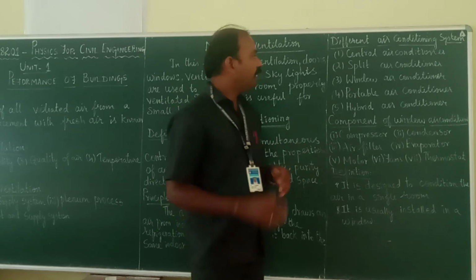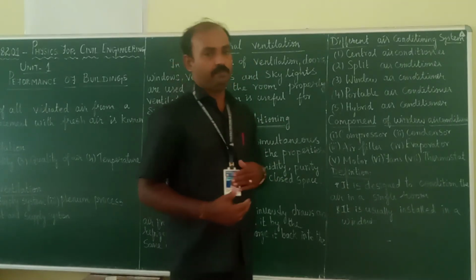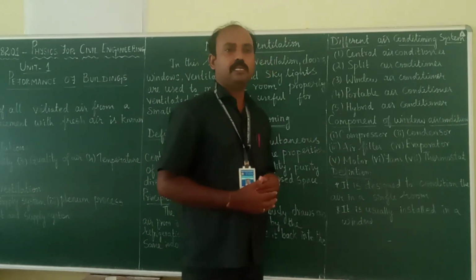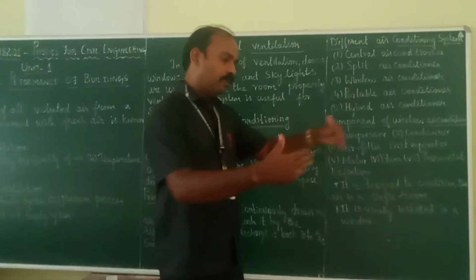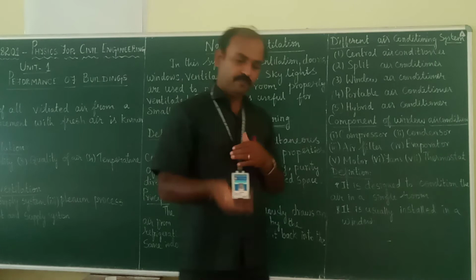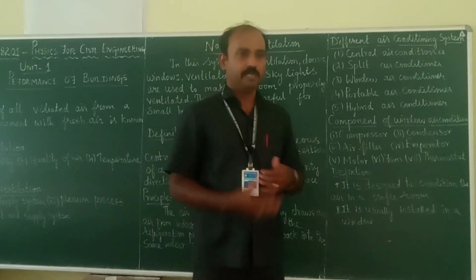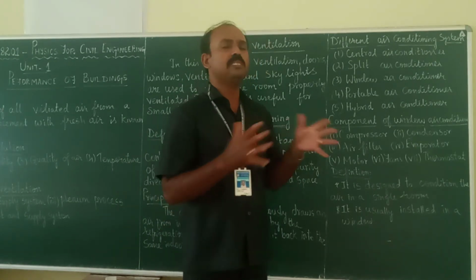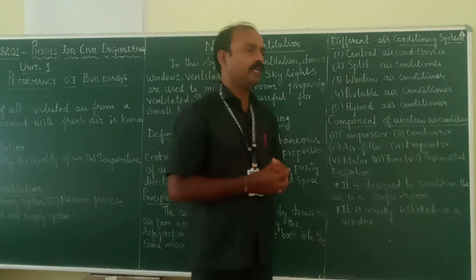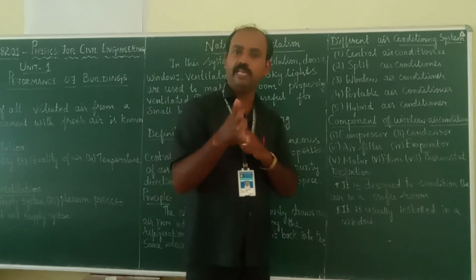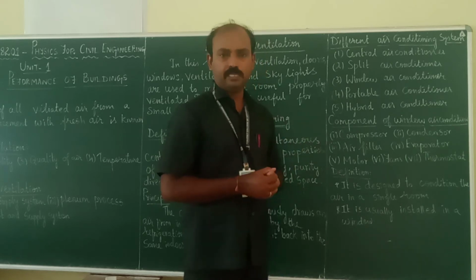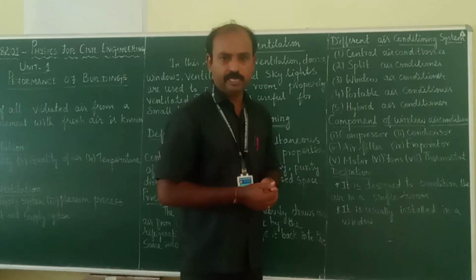Now the different air conditioning systems: different types of air conditioners are used in different places. In domestic use, the type of air conditioner is different compared to commercial use. Based on the strength of the air conditioning capacity, which is mentioned by the unit ton, there are 1 ton air conditioners, 1.5 ton air conditioners, like that.